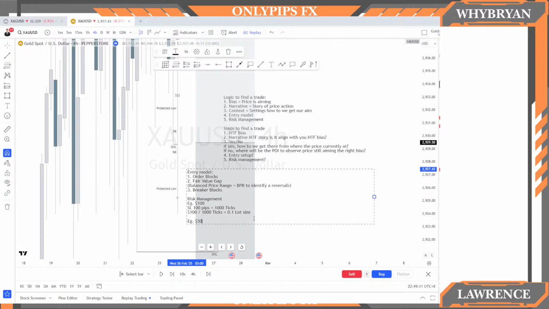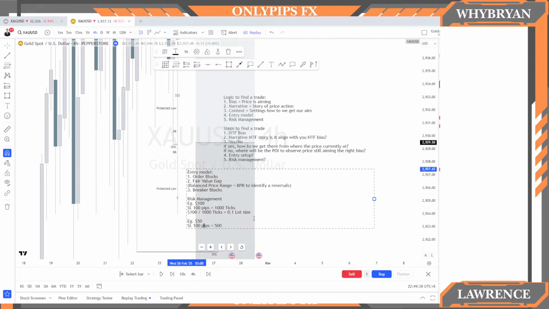So let's say you are risking $50. Your SL is about 50 pips, equals to 500. I think I'll make it 100, easy for you to calculate.